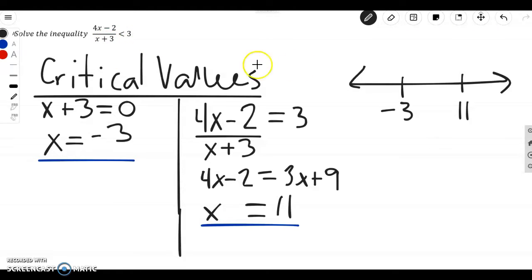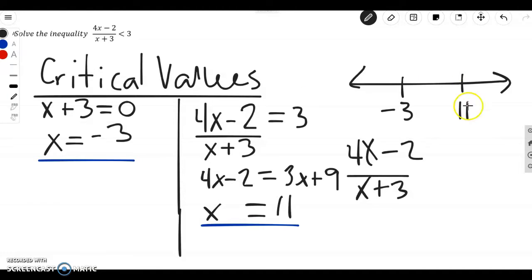So what we're going to do instead is pick values here, plug them into the original inequality, and see which one makes this true and which one makes this false. So let's plug in from the first section, like a negative 4. Let's write this out: 4x minus 2 over x plus 3.